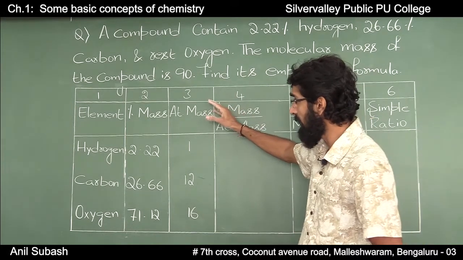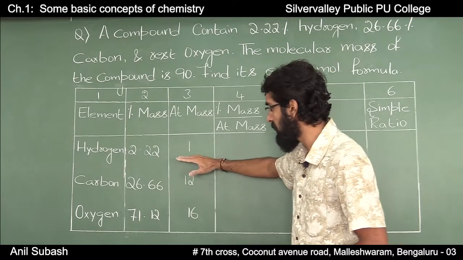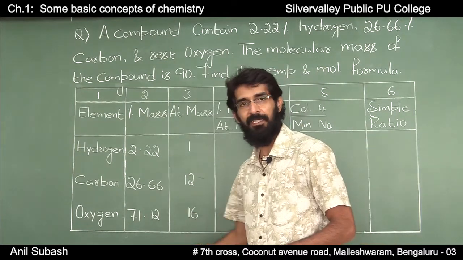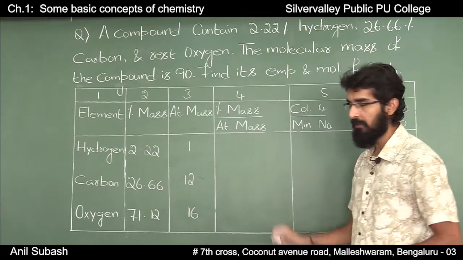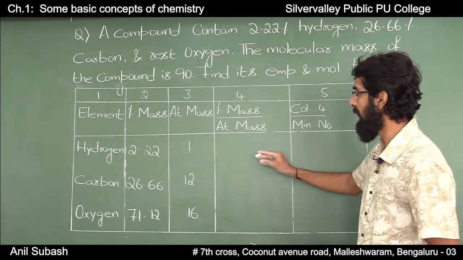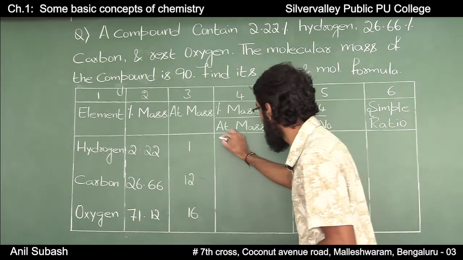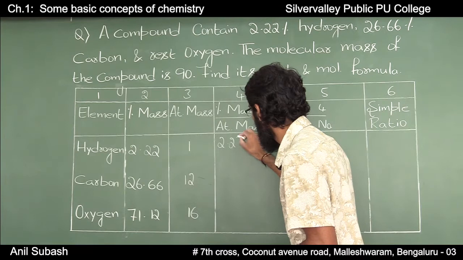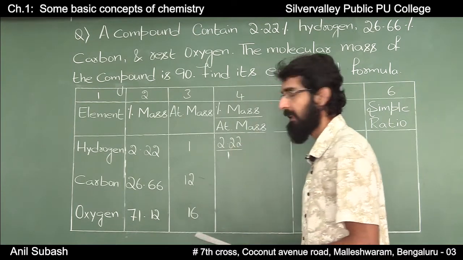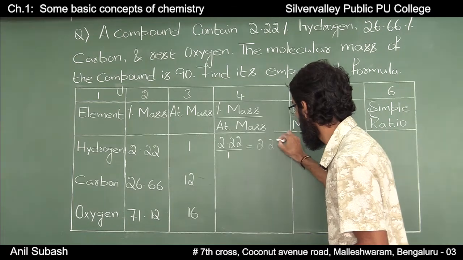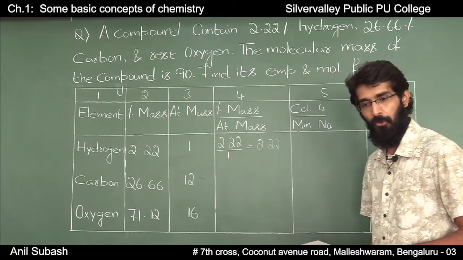We all know that atomic mass of hydrogen is 1, carbon is 12, and oxygen is 16. And in the fourth column, you are supposed to divide the percentage mass by atomic mass, that is 2.22 divided by 1, that will be equal to 2.22.